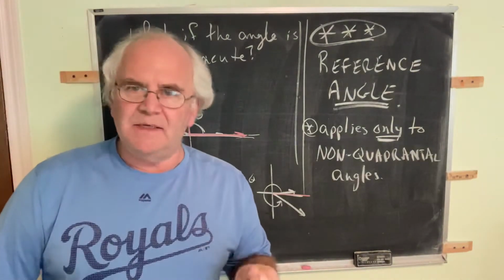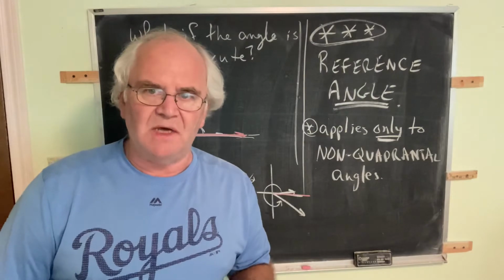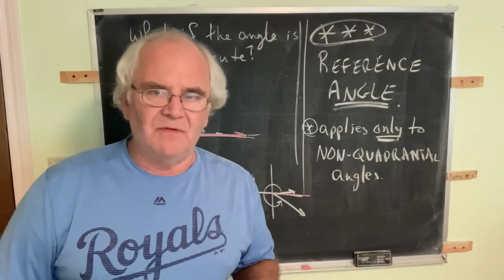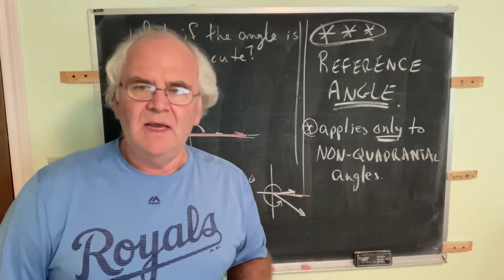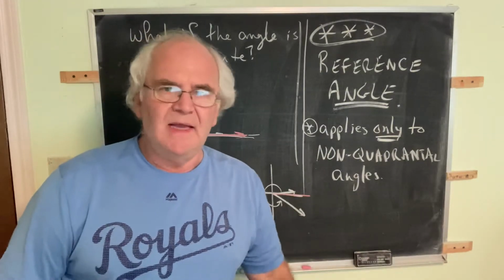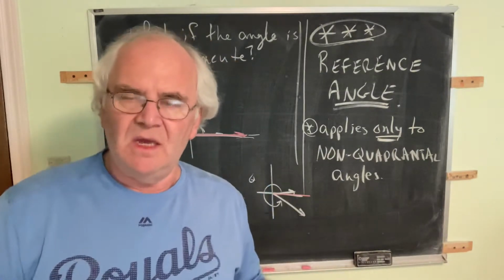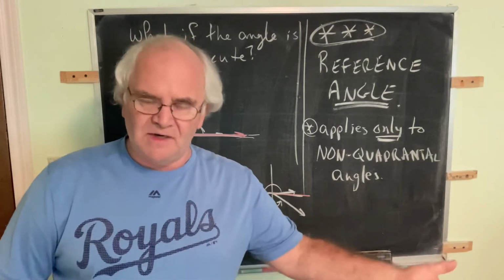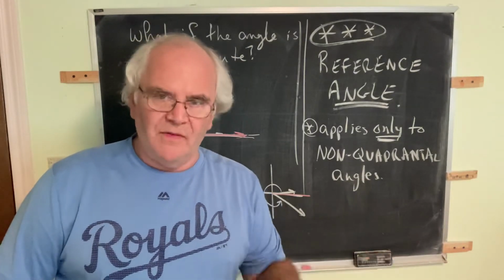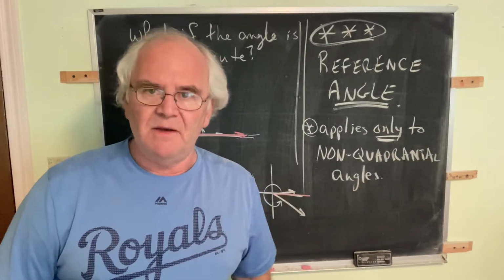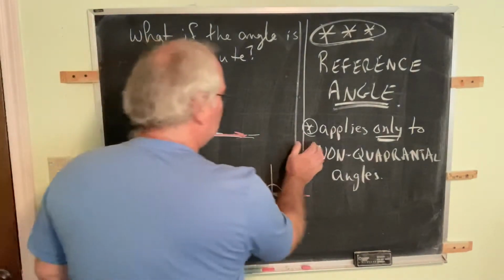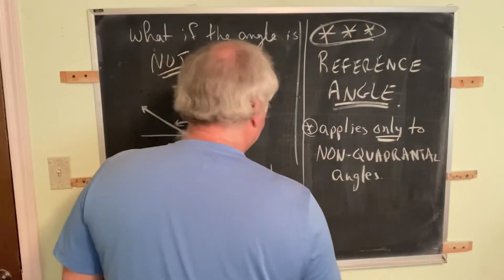If you cannot smell a multiple choice question coming, you need to give it another thought. That is an easy multiple choice question to write out. I would say, suppose theta is equal to 180 degrees. What is theta reference angle? And one of the choices needs to be none of these because it doesn't have one. All right, so it applies only to non-quadrantal angles.